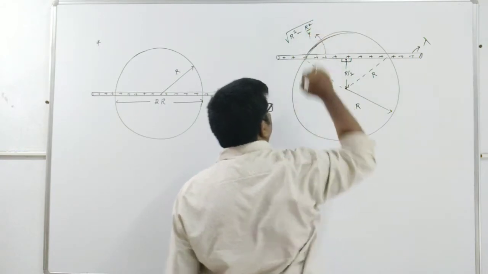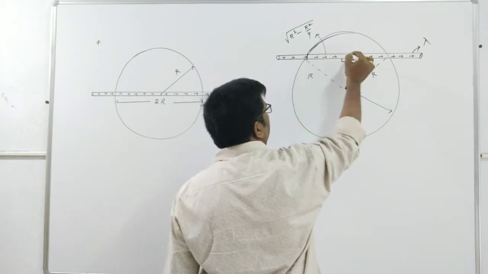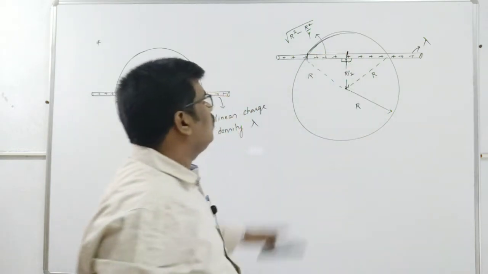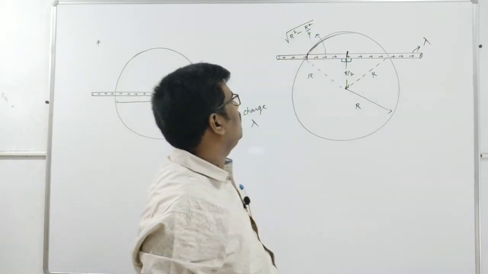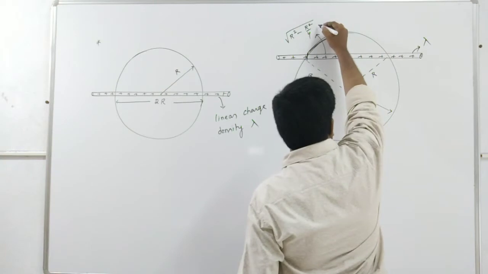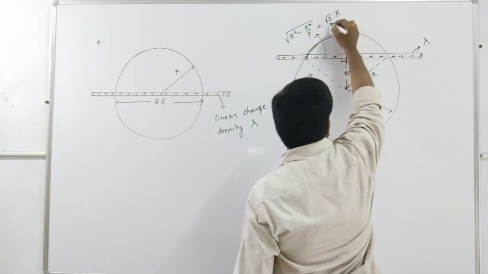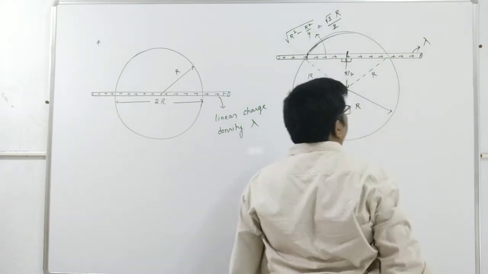That is the square root of 4r square minus r square, which is 3r square by 4, so it is root 3 r by 2.